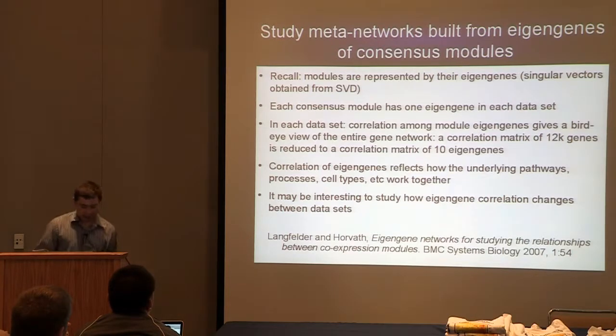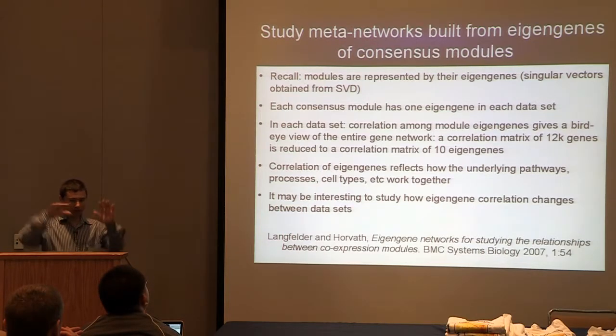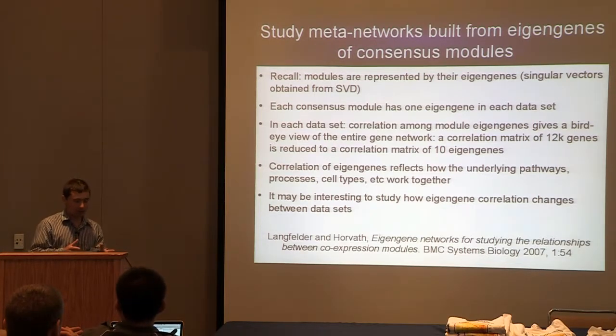Okay? And because you have 1 eigengene per input data set, you then get, in this case, 4 different eigengene networks across the 4 data sets. And you can study whether these eigengene networks look broadly similar, namely whether the large scale or bird's eye view of the network remains similar across the 4 data sets.